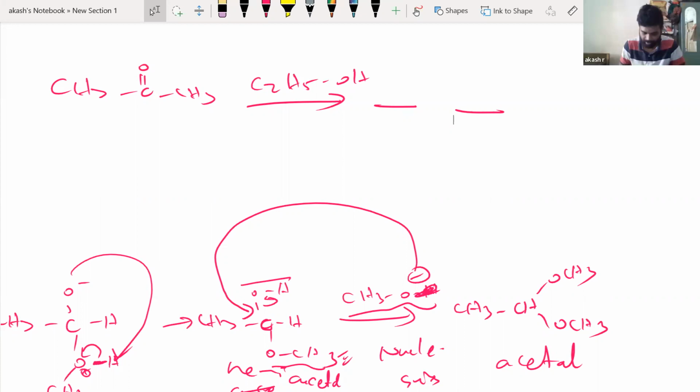Okay, I got something. CH3O minus, and this will attack, and then the CH3O minus is going to go, hemiacetal, OC2H5 and OC2H5. Okay, correct. This is Devish. Yes, Devish. Correct.